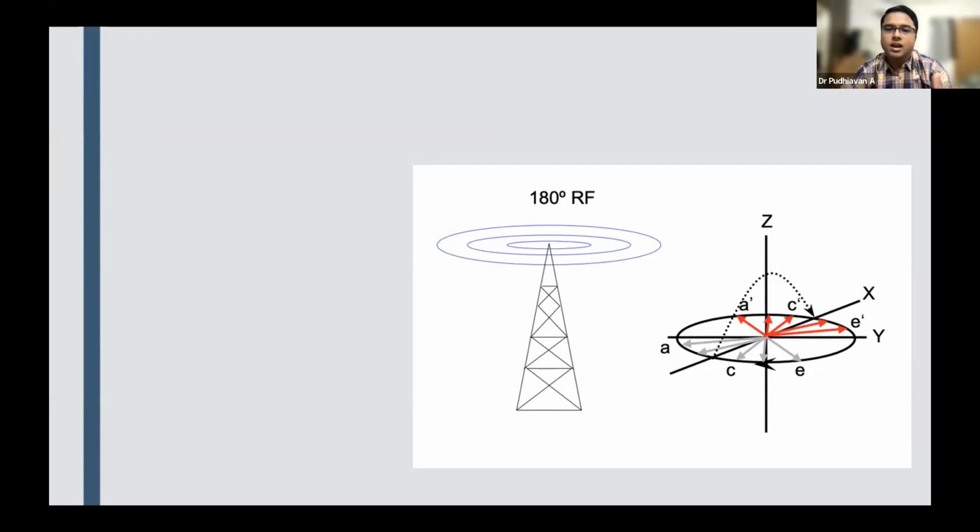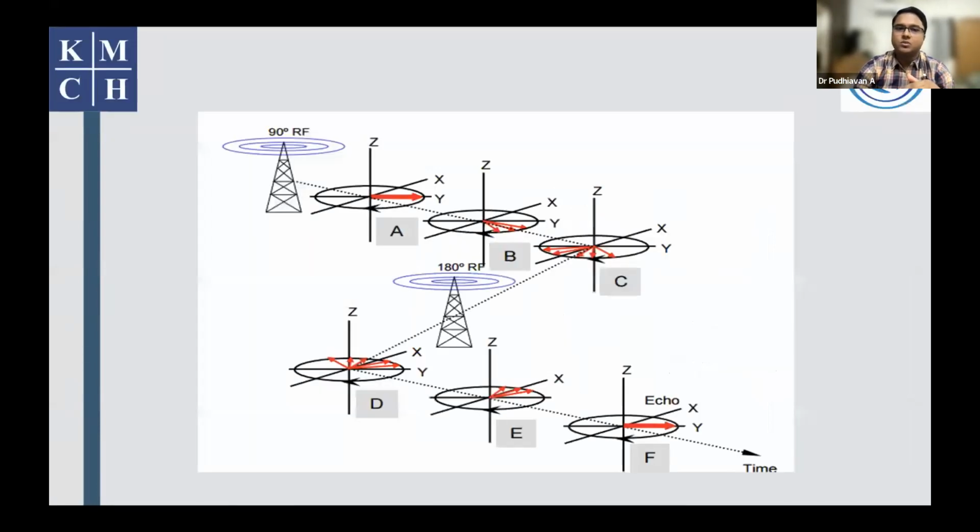This is what the 180-degree RF pulse basically does to the protons during the spin echo sequence. So what we do is we give a 90-degree pulse. The protons are deflected to the XY plane, and immediately after the 90-degree pulse, all the protons are in phase.